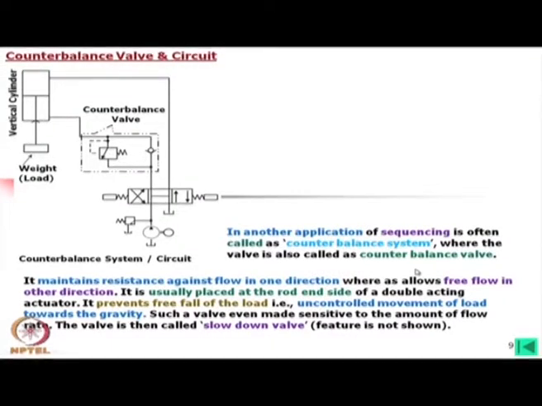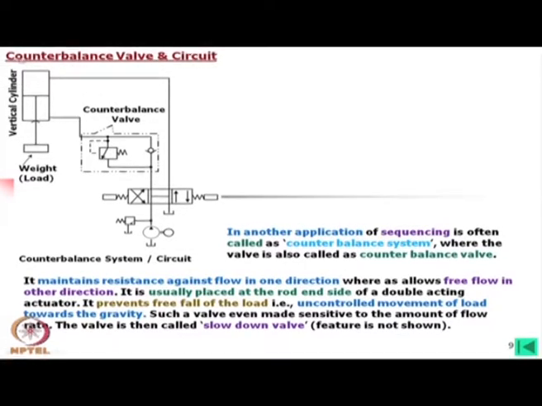It maintains resistance against flow in one direction, whereas it allows free flow in the other direction. It is usually placed at the rod end side of a double acting actuator.